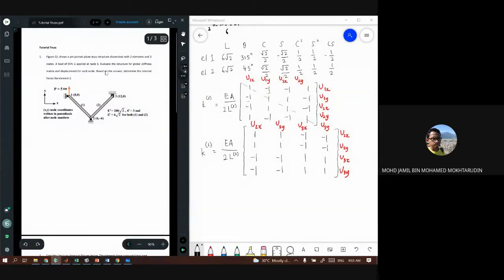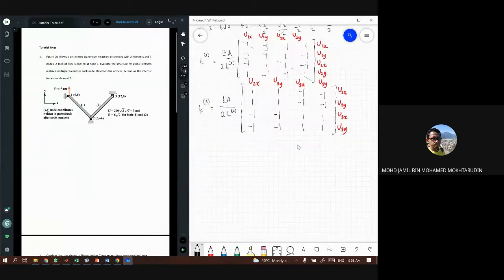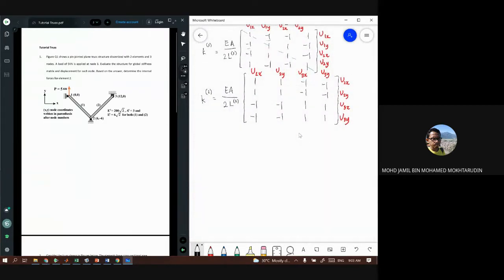So the question specifically asks for the global stiffness matrix. So global stiffness matrix means that you need to find the overall stiffness for the system, okay? So you just combine them together. So K equals EA over 2L.